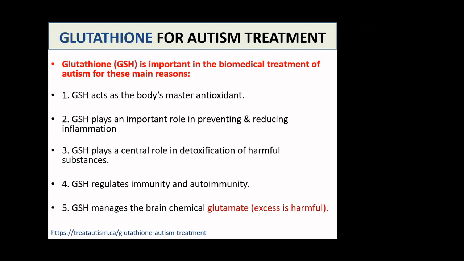So, glutamic acid, glutamate, is a component of glutathione. Excess glutamate is harmful to the brain. So, when it is used to make glutathione, not only do you have increased glutathione, but also you have a reduction in the glutamate, which is harmful if it is excessive.